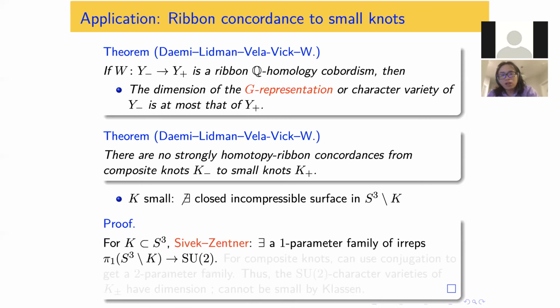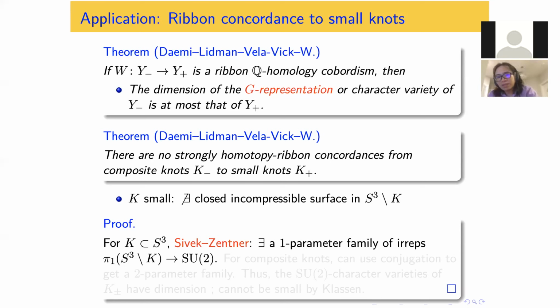Given any knot in S3, Sivek and Zentner proved that there exists a one-parameter family of irreducible representations of the knot group of the exterior into SU(2). So obviously we're going to take G to be SU(2) here.